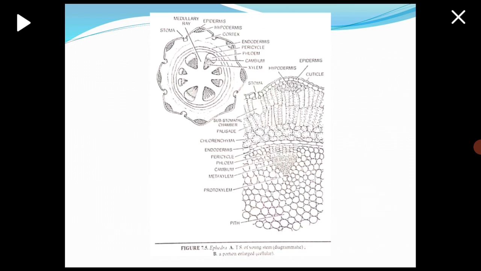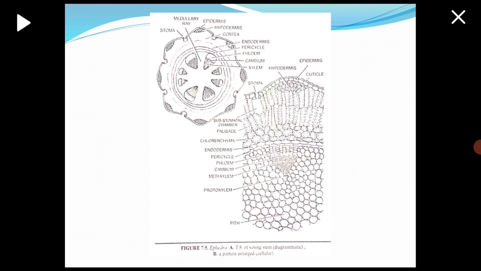These cells are filled with chloroplasts and perform photosynthesis. These cells are separated by large intercellular spaces. The innermost layer of cortex forms an ill-defined endodermis, which is followed by a single-layered pericycle.